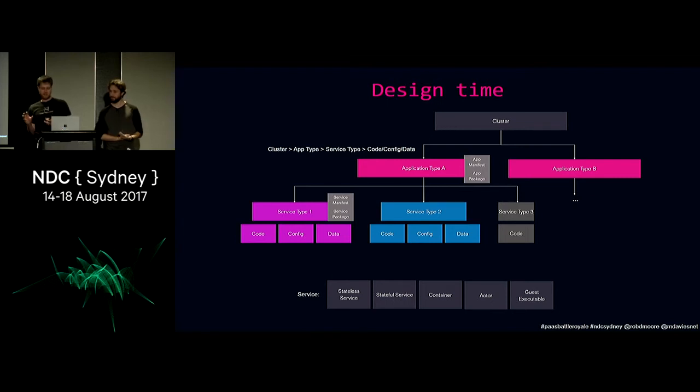And the package is the thing that gets pushed into the cluster that will then get deployed. And a service or services underneath that application are described by service types. And a service type, again, has a manifest and a package. The manifest describes some stuff around that service, including what endpoints it wants to expose to the outside world and stuff like that, and also what code to run.